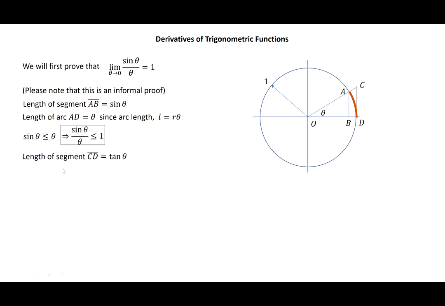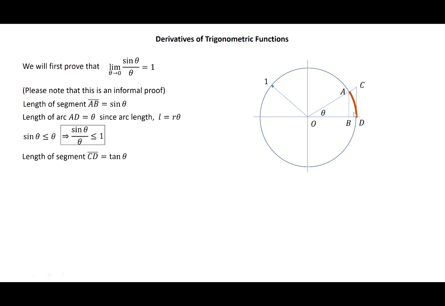Next, the length of segment CD, I'm claiming, is tangent theta. That is C to D. Where did I get that from? If this is theta, tangent theta is opposite over adjacent.